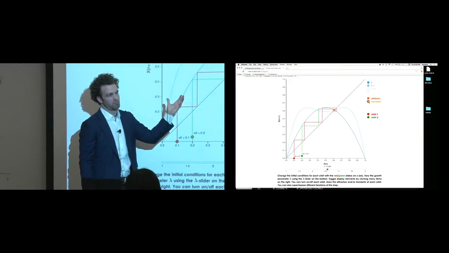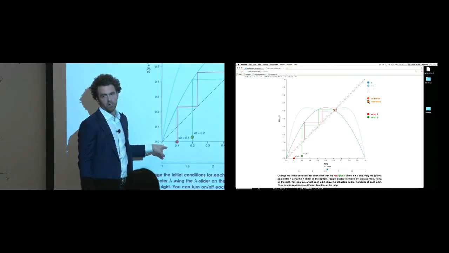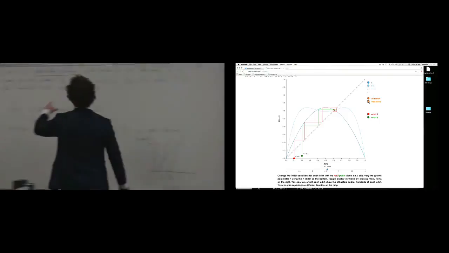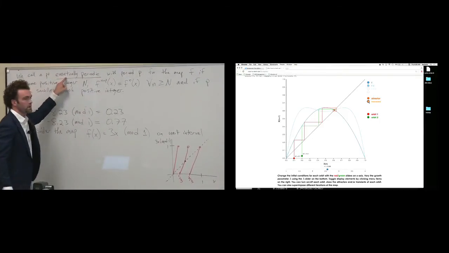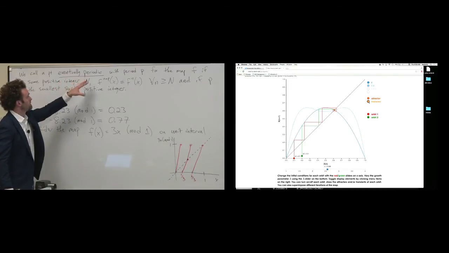There's no capital N for which this is true. However, if my initial value was 1, and after one iterate it lands on 0 and stays there forever, then it satisfies this definition. 1 is eventually periodic to the source at 0. Let's say what these numbers would be.